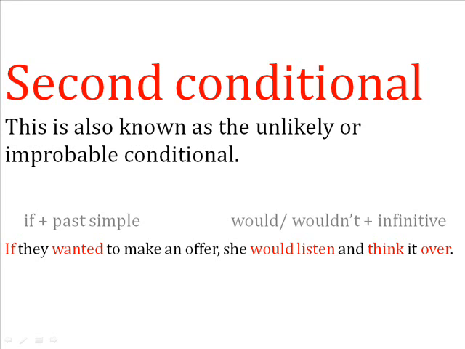Remember, when the second conditional is used, it is impossible to fulfill the condition, which in our case is the first part of the sentence, where we use if and the past simple verb, continuing with the second part with would or wouldn't and an infinitive verb. For instance, if they wanted to make an offer, she would listen and think it over.